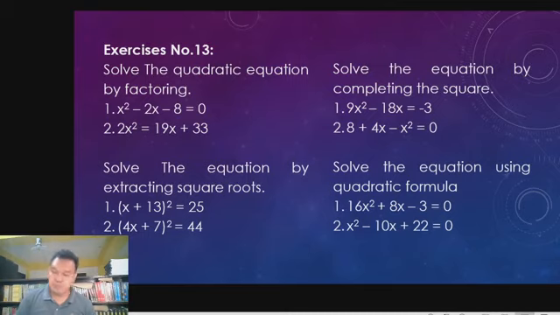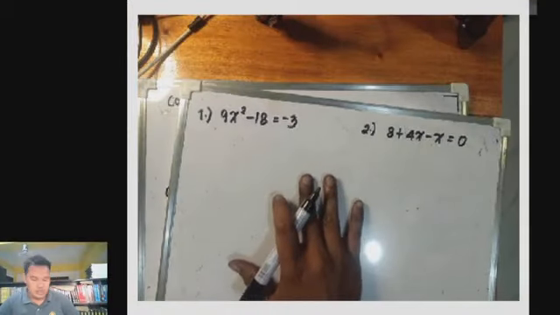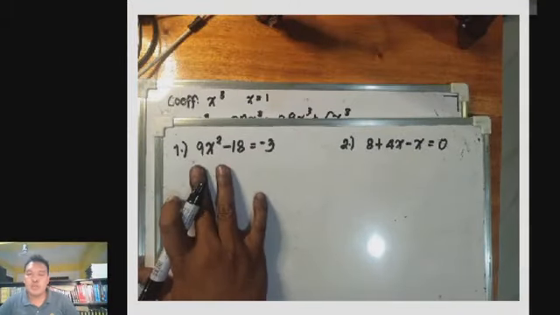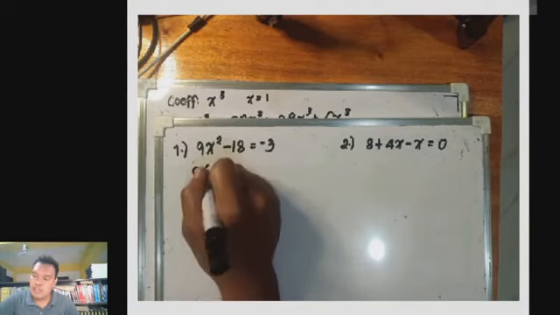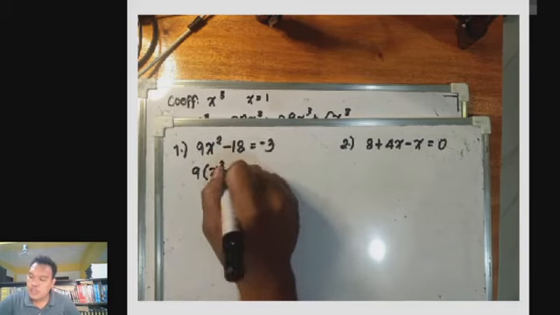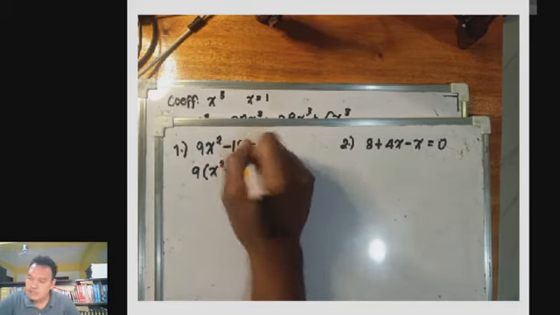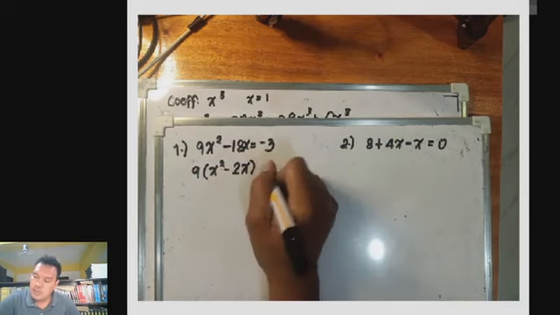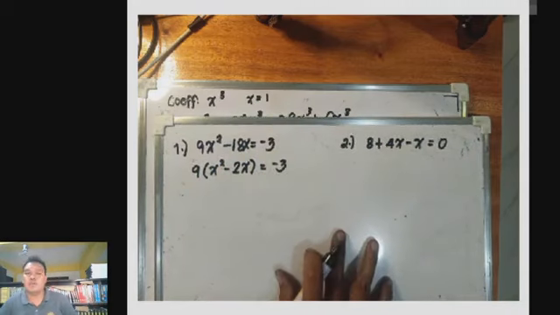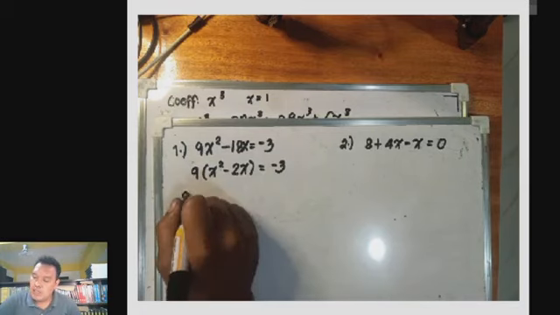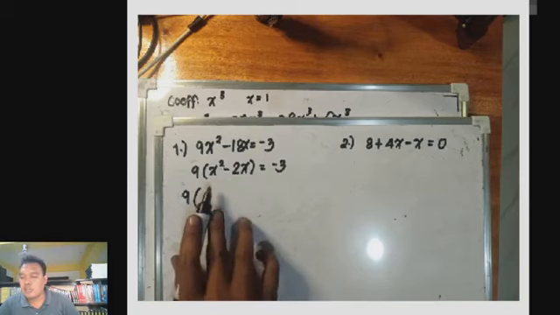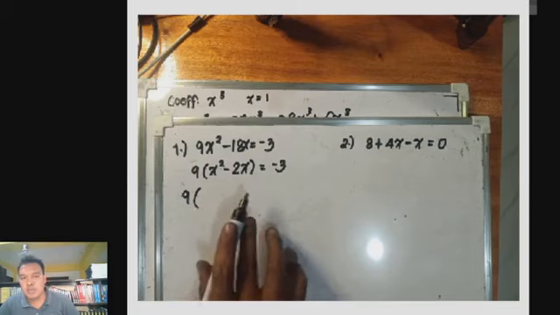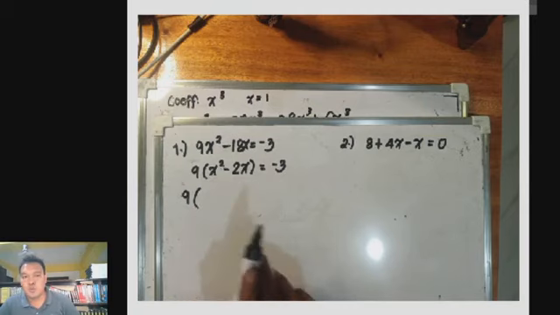Okay, so by completing the square, first, let me extract the 9 on the left side. So we could say that 9 times (x^2 minus 2x) is equivalent to negative 3. Okay? Then, x^2 plus bx plus (b over 2)^2. Right?